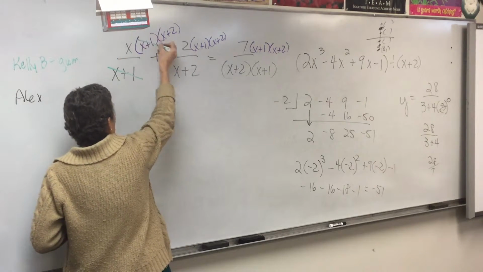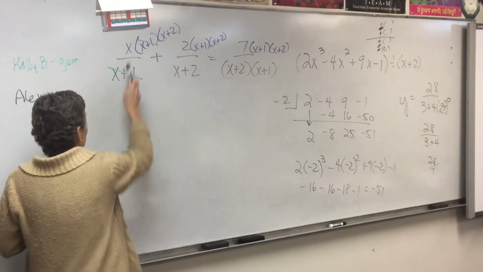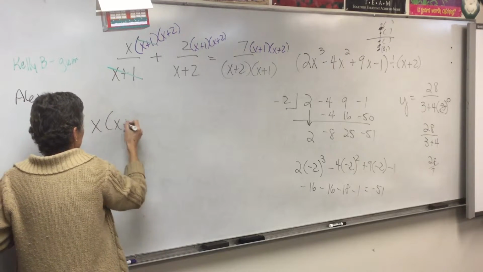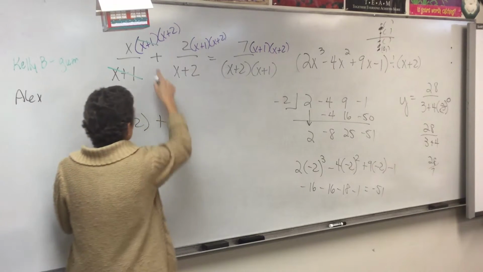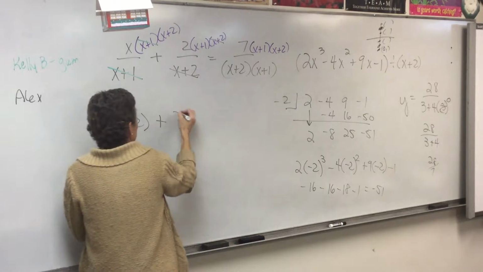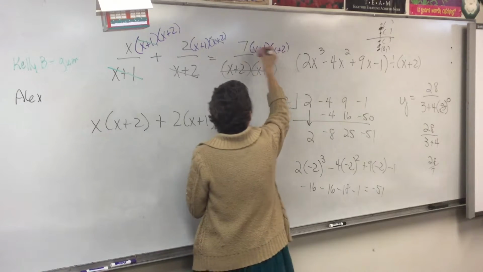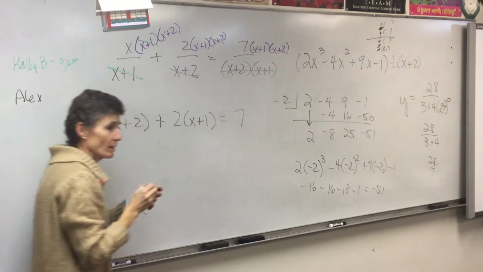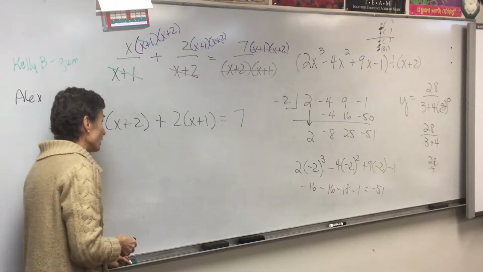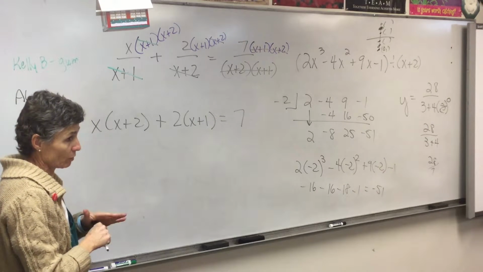So the x plus 1 will cancel here, leaving me with just x and x plus 2 plus, and then here the x plus 2's cancel and leave me with 2x plus 1, and here all that cancels and leaves me with 7. So it's still kind of a big ugly equation, but at least it doesn't have fractions in it anymore.